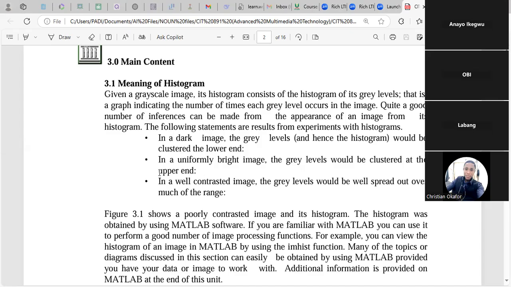Brighter. Note this, upper end and then lower end. That marks the movement, the mechanism behind an image being transformed from one form to another, especially from dark to bright, or to brighten the images.